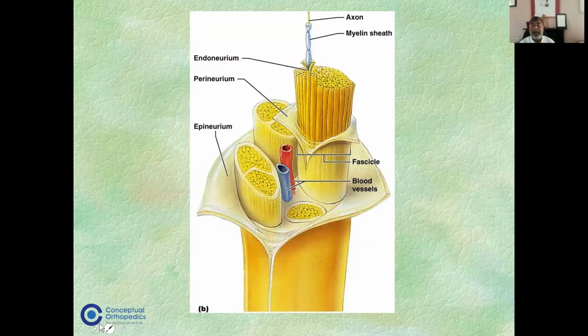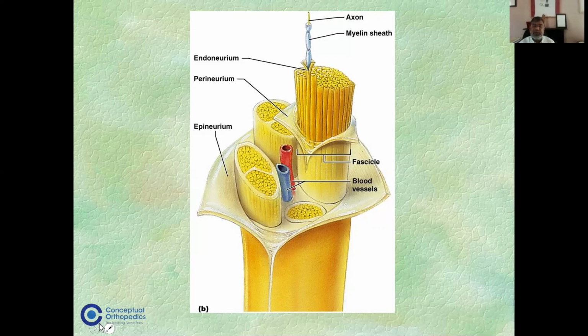They are all clubbed together and form a fascicle, and a number of fascicles are clubbed together and form a peripheral nerve. When doing this, they are supported by connective tissue, and just remember there are three connective tissues. The innermost, which individually covers every axon, is called endoneurium. The fascicle is covered by another connective tissue called perineurium, and a number of these fascicles then form together a bundle, which is the proper nerve, and then connected by epineurium.